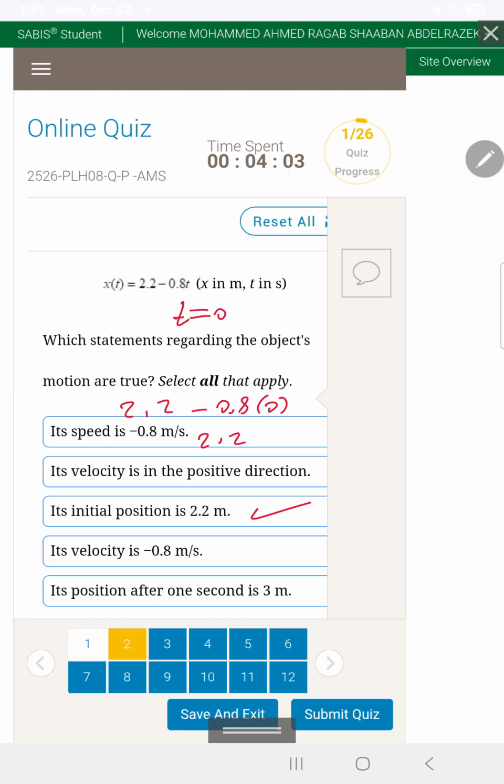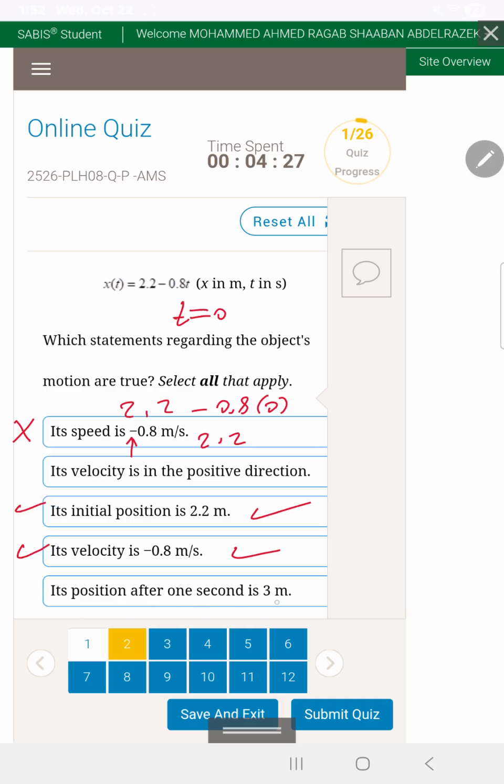The velocity is negative 0.8 meter per second. Yes, if you do differentiation, as we said, velocity is negative 0.8. This means this option is not correct because the speed cannot be negative. So we have to choose instead this option and this option.